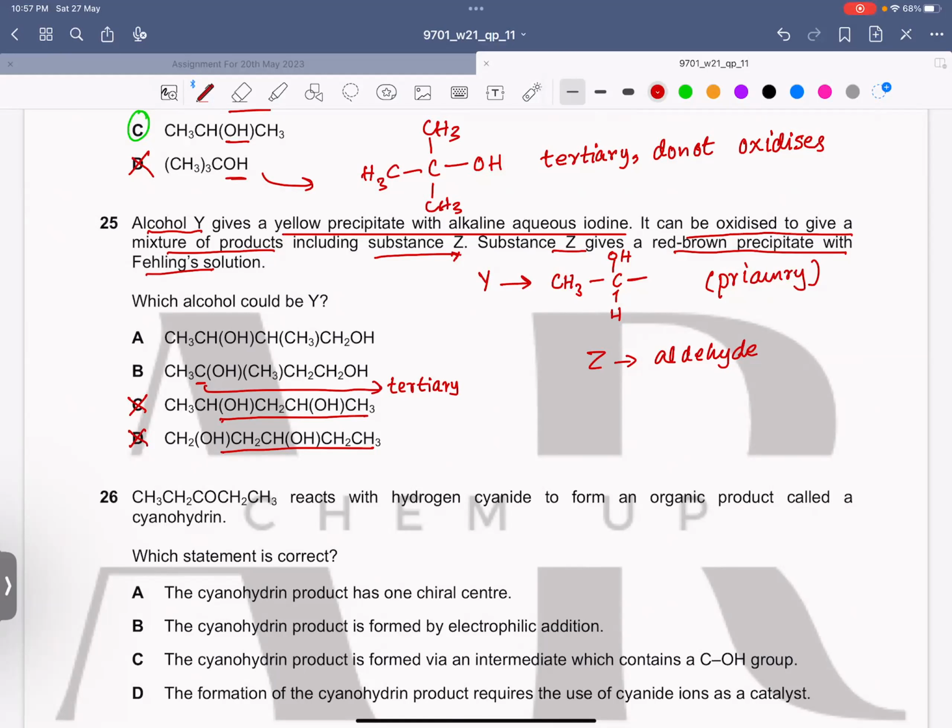If it's tertiary, then you are going to get a single product only. So that's why B goes wrong. Your correct answer would be A, because here this turns into a ketone and this turns into an aldehyde. So you are getting only a mixture of products over here.